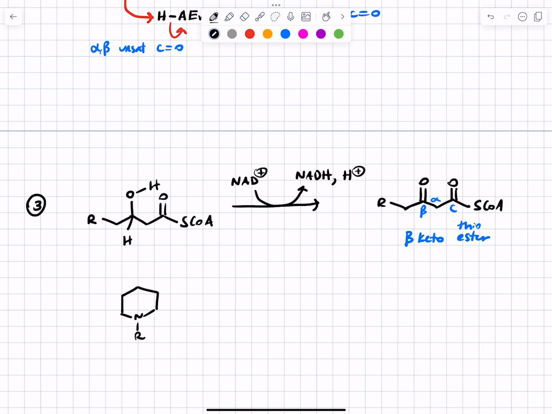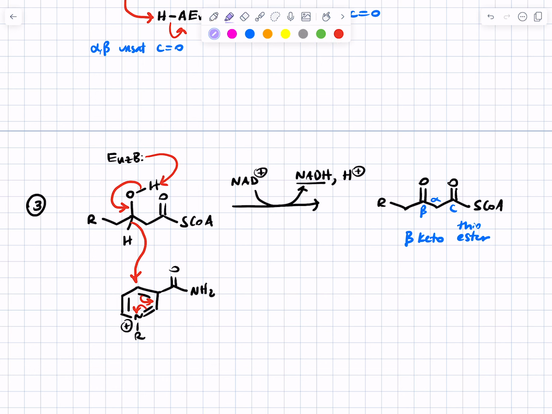This is just a simple NAD plus based oxidation. I'll draw this briefly. I probably won't draw this mechanism again because you've seen it before. And every other NADH based mechanism is going to follow this pattern. A base removes the proton from the alcohol, electrons kick down, and hydride gets delivered to NAD plus like this. So you make NADH, the hydride from the beta carbon ends up on NADH.